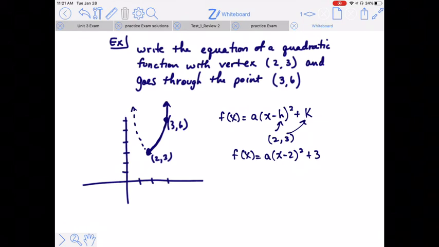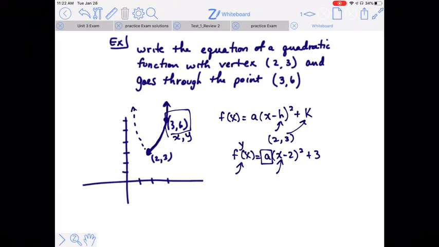And that's where this additional point is necessary, because this additional point gives us another x and y value, which I can plug in to the function, because f of x really is just y. So if I plug in this point for this x and for this y, that's going to allow me to solve for that remaining unknown value of a.